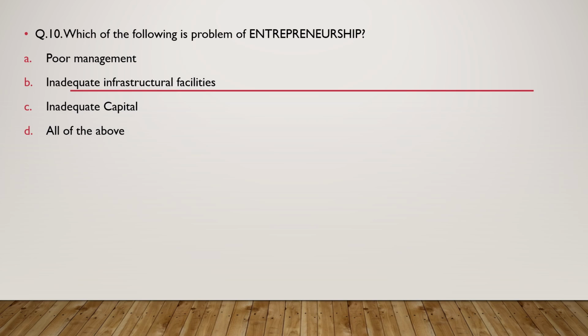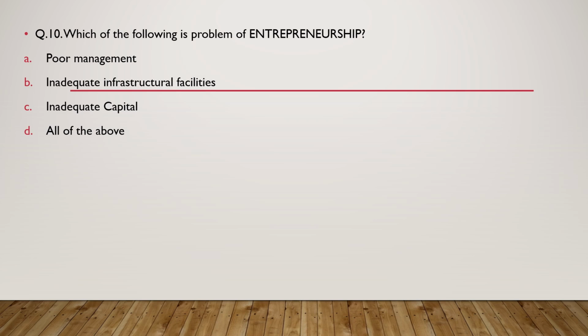Then inadequate infrastructure facilities: if you don't have any infrastructural facility, it will have a negative impact on entrepreneurship. Then inadequate capital. To start a business you need capital, so if you don't have capital you cannot run a business, and it is a huge problem for entrepreneurs.